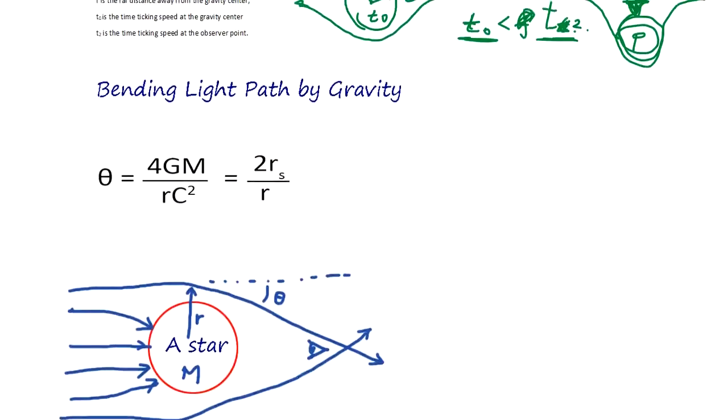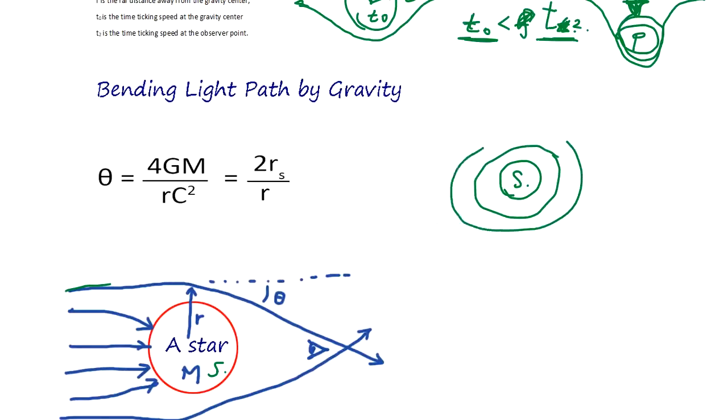Now the second thing he discovered is when you have, say, the sun, very heavy. This is the sun. Drawing here. The light passes, because if you make a contour map of the curved space, it becomes like that.